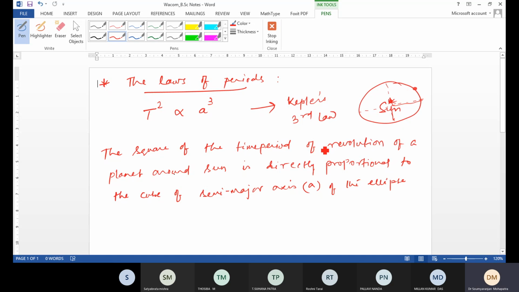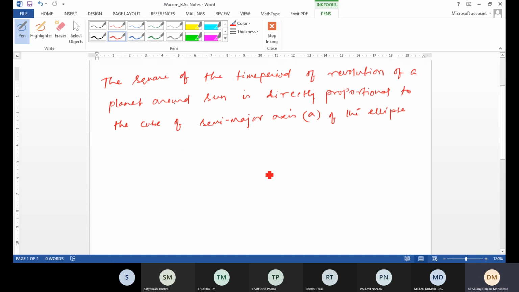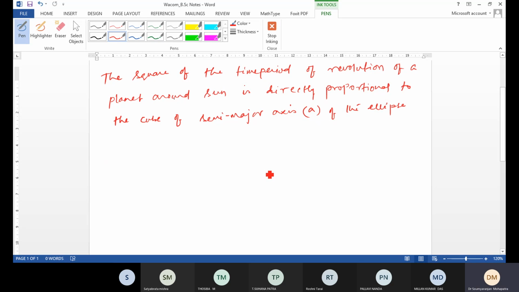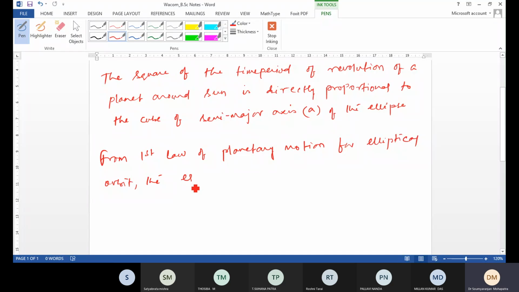Okay. So from the first law of planetary motion, for an elliptical orbit, what is the equation of orbit that we have already deduced? You can see equation number 10.